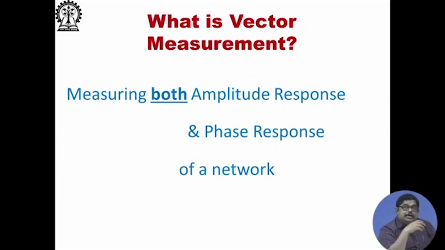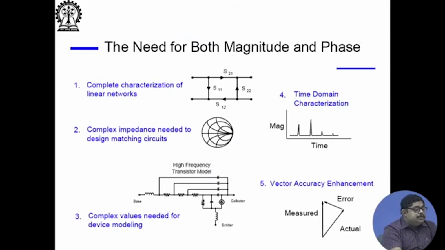Network analyzers which are available that do only amplitude are called scalar network analyzers. They don't measure phase response, they measure only amplitude response. Now, you see that magnitude and phase measurements are both necessary. Like S parameters, they are basically complex quantities, so you need to measure amplitude and phase both.